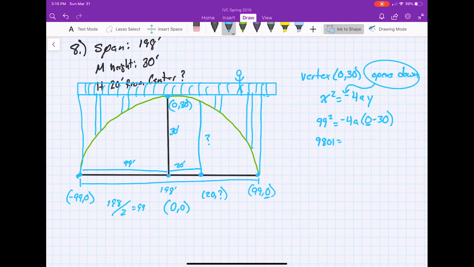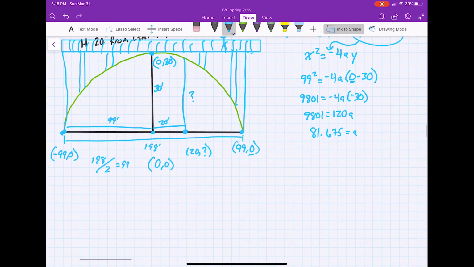But anyway, 9801 equals negative 4a times negative 30. Multiply negative 4 times negative 30, and that's 120. 9801 divided by 120 comes out to be 81.675. So that's what our a value is.